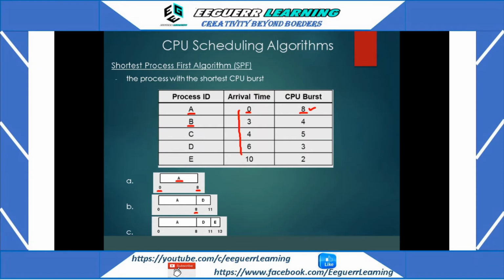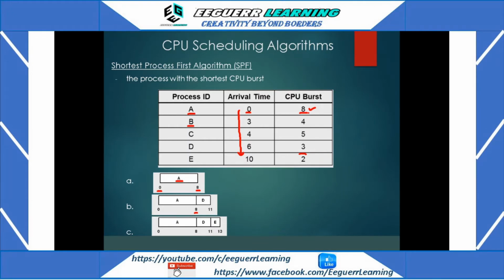It should be within these 8 milliseconds. So the CPU can now check up to here for the CPU burst, and the CPU can now accommodate the shortest process, or schedule the shortest process.